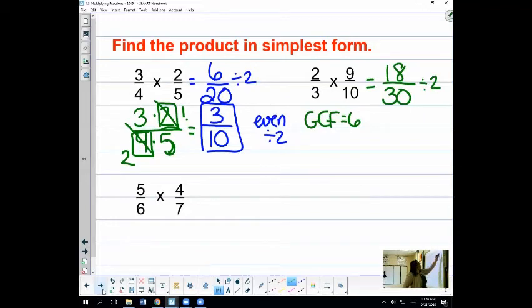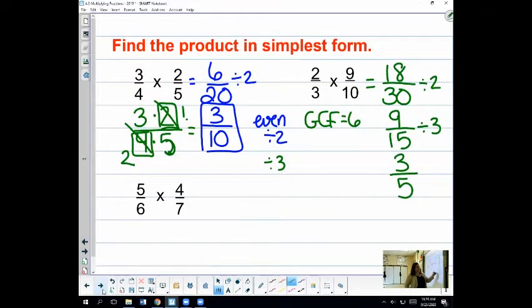Half of 18 is 9, half of 30 is 15. Well, then I ask myself, they're not both even, so what do I do? Let's see if I can divide by 3. Oh, wait, 9 works. 9 I can divide by 3, and 15 I can divide by 3. So if I divide the top and the bottom into thirds, 9 divided by 3 is 3, and 15 divided by 3 is 5.